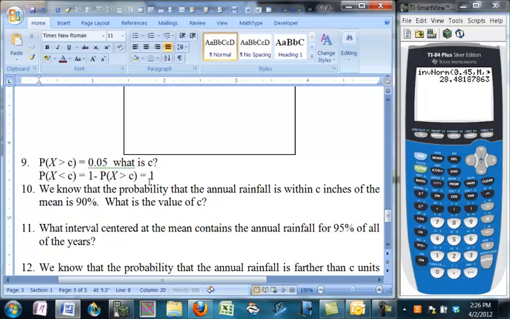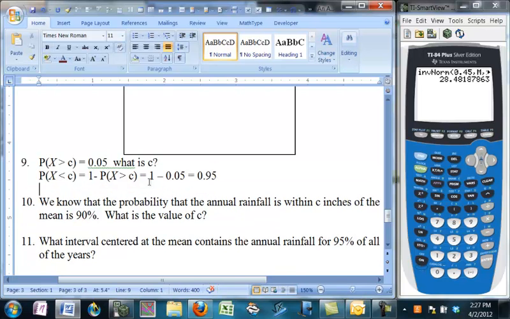So that will be 1 minus 0.05, which is 0.95. So 95% of the area is to the left, and only 5% of the area is to the right. We can find c as the inverse norm of 0.95 with our mean and standard deviation.